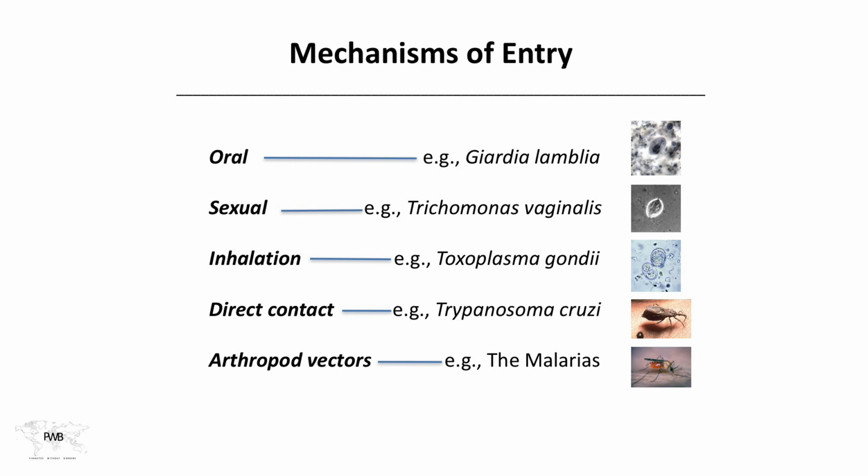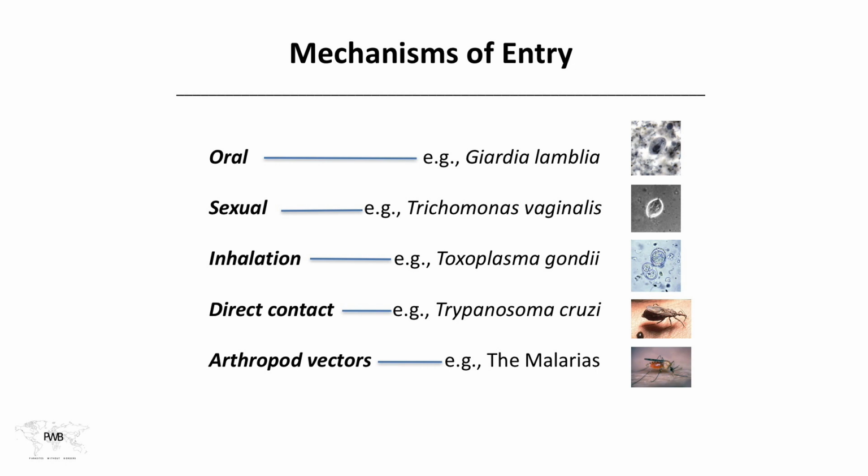So Giardia, for instance, is acquired simply by eating something, in this case, contaminated food or water. We have a few that are sexually transmitted. We can even inhale them, without being aware that they're in the dust that we're inhaling, and we can acquire an infection such as Toxoplasma gondii.